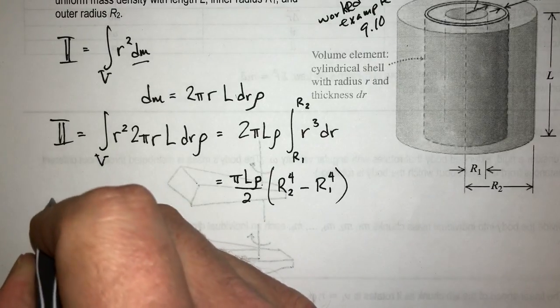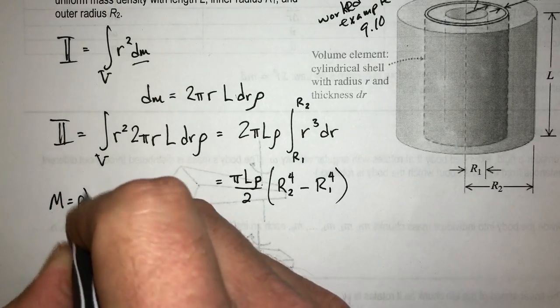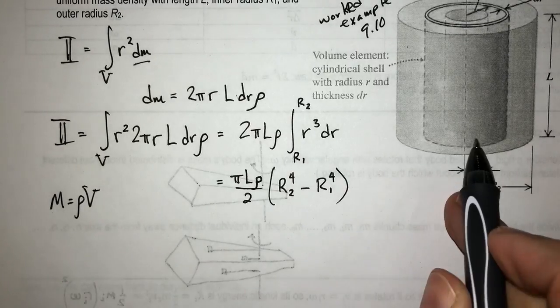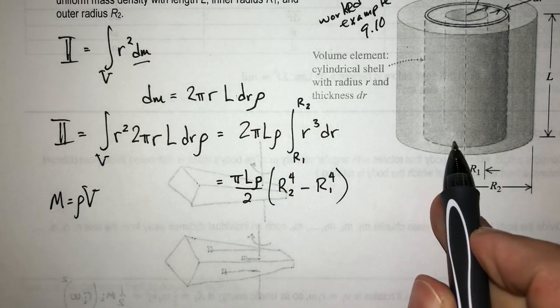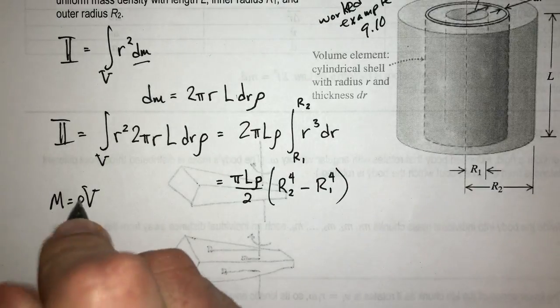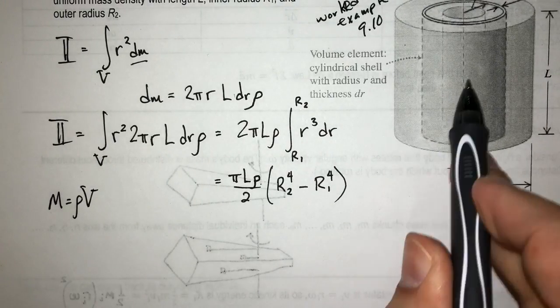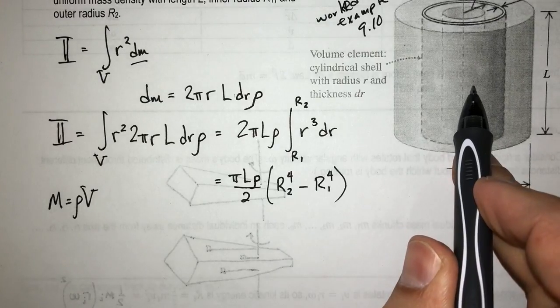Remember, mass should be density times volume. So what's the volume of a hollow cylinder? Well, it's the volume of the outer cylinder minus the part that's missing, the hole in the middle.